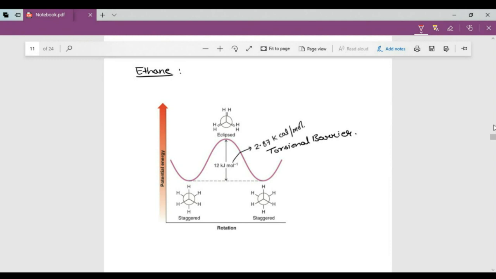When it is eclipsed, then definitely the hydrogens will have much less distance between the two, and as a result there will be steric collisions between these two. This will make this structure unstable.